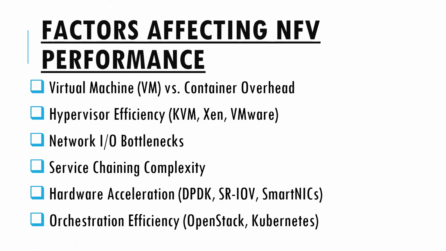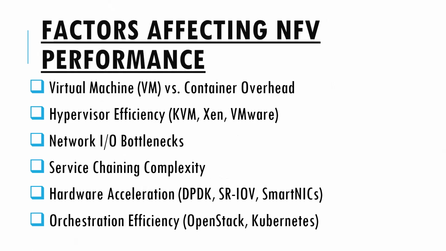Factors that affect NFV: virtual machines, because containers are light and virtual machines use more resources. Hypervisor efficiency means that KVM, Xen, and VMware differ in how fast they handle virtualization.